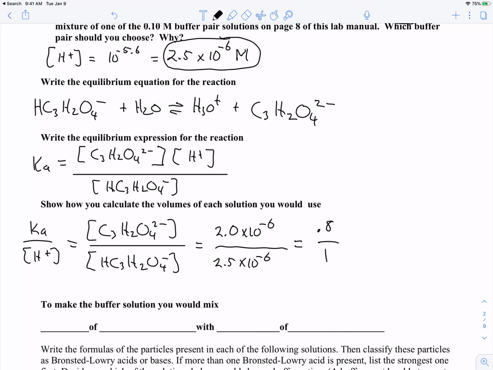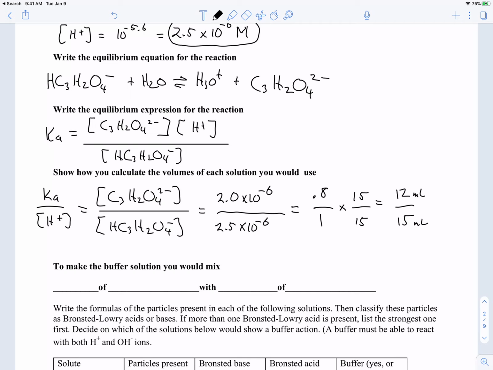So that's not enough. So what I've chosen to do is multiply the top and the bottom by 15. When you multiply the top and the bottom by 15, it's going to be different each time. We get a ratio that's going to be the same, 0.8 to 1, but it will be 12 to 15. That's 12 milliliters to 15 milliliters.